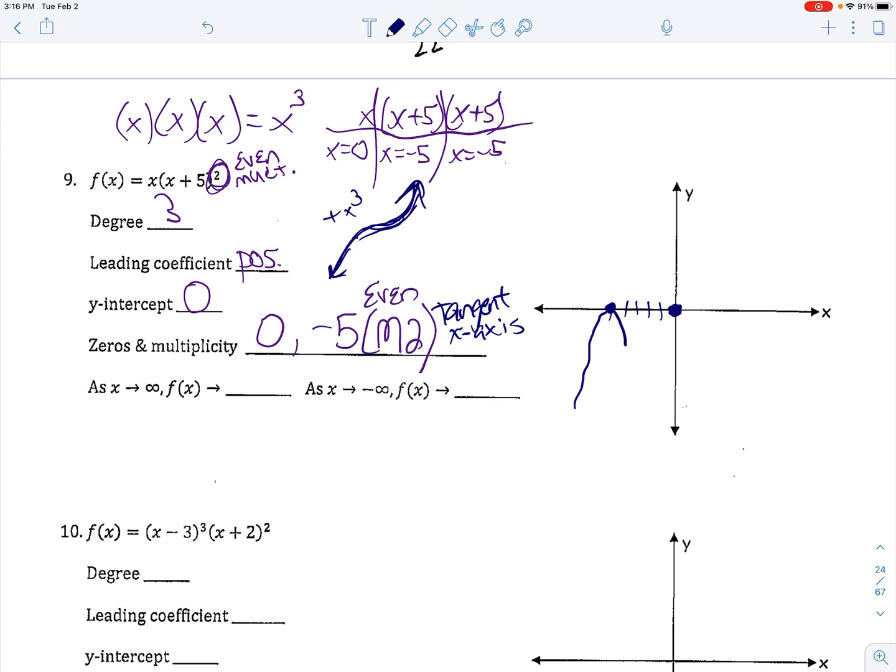So it's going to start low, end high, so it's going to go to -5. Now remember, it's tangent. Hits it, and then it goes right back down. That graph right there is tangent to the x-axis at -5. It's going to come back down, and then it's going to go to the next point here, which is 0. 0 is a simple root, so it's going to go straight through and then go up like that.